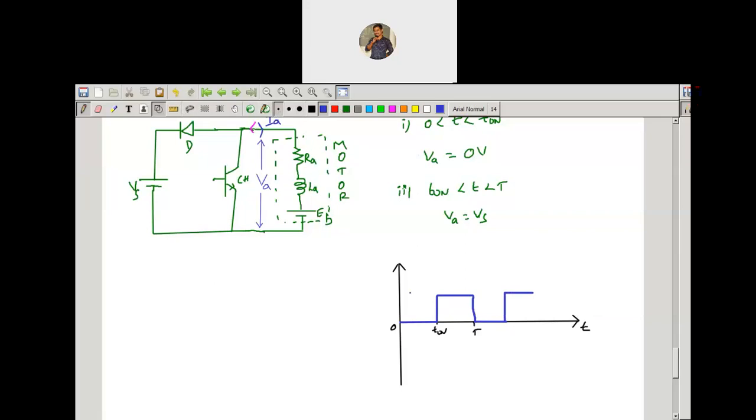This is the Vs value, so it is a DC line. This value is Vs value, and this is the armature voltage waveform. Blue color is armature voltage waveform.